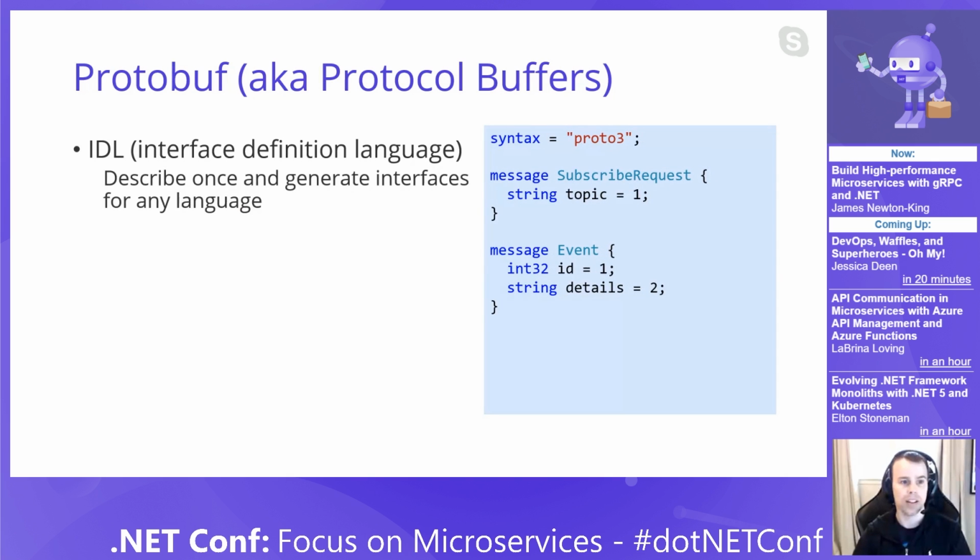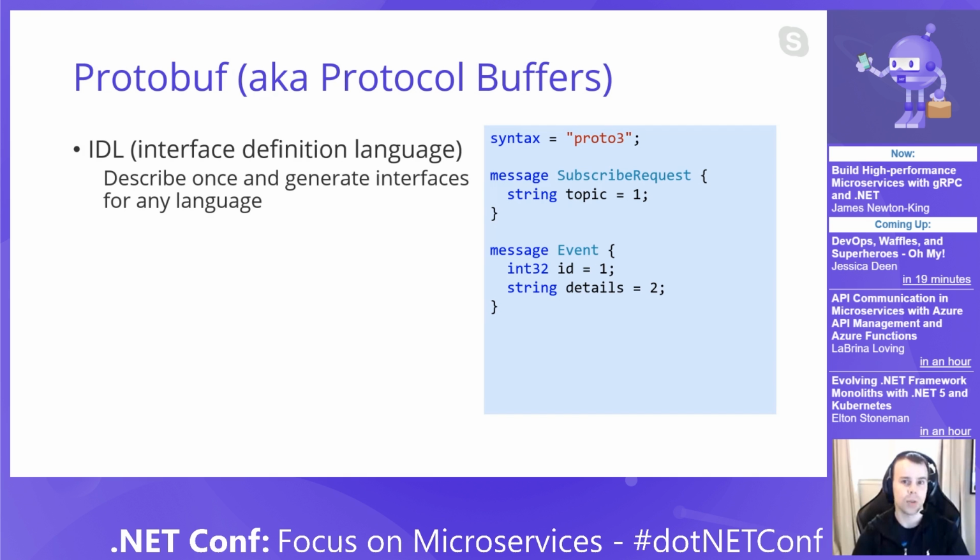Let's go into protobuf. In gRPC, protobuf serves three purposes. The first is it defines a language-independent way of declaring protobuf messages. Protobuf is a contract-first serialization format. So we can see here on the right, we have a basic protobuf declaration of a couple of messages.